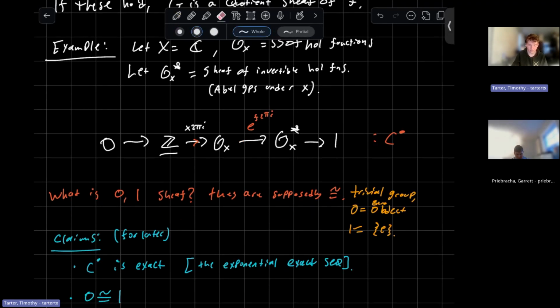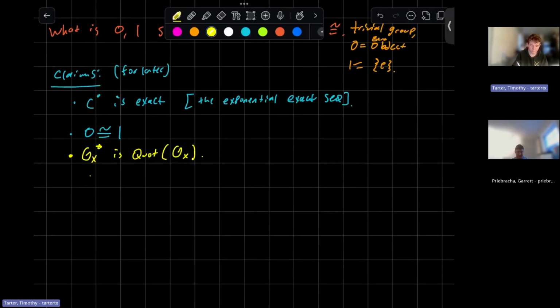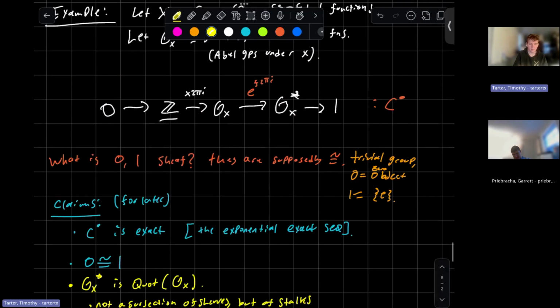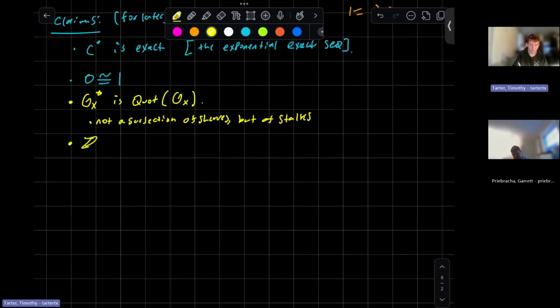So it's not actually quite a surjection, and it might not be an injection either. So not a surjection of sheaves, but of stalks. And then similarly, C bar is a subsheaf of O X. Not sure.